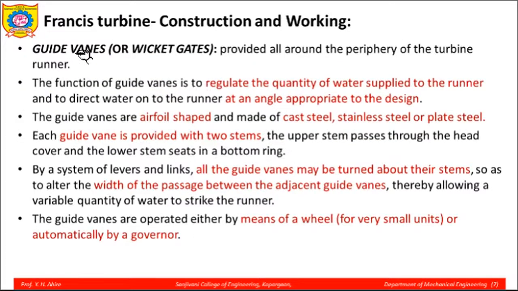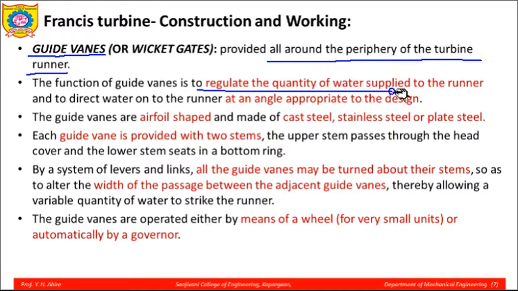Next, we have a row of guide blades or guide vanes. These are also known as wicket gates, which are provided all around the periphery of the turbine runner, just before the entry of the turbine runner of a Francis turbine. The function of guide vanes is to regulate the quantity of water supplied to the runner.